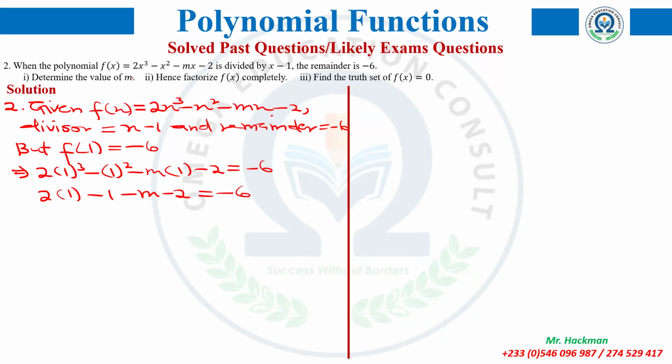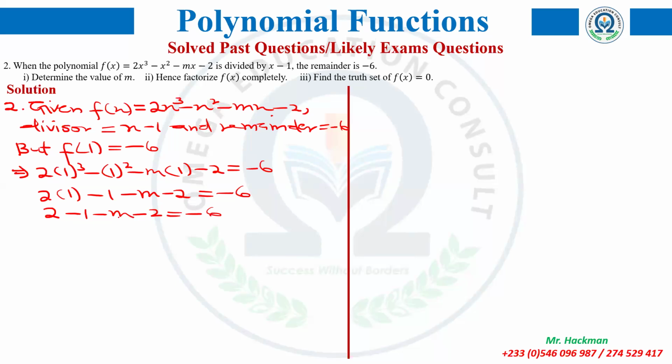Because you have one unknown, you were given one divisor and its remainder. So that's okay for you to generate the equation and solve for the unknown. In this case, my m is negative, so I always want to avoid working with negatives. In any case, this will give me 2 minus 1 minus m minus 2 is equal to -6.